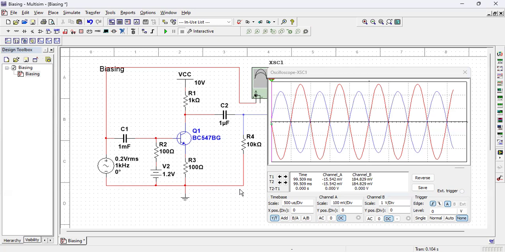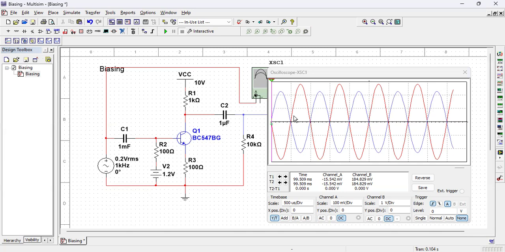Now, you will see one thing. This is what you get at the output. We got at the output exactly the amplification that you wanted, number one. Output signal also we got a sinusoidal AC signal, and there is a 180-degree phase reversal.